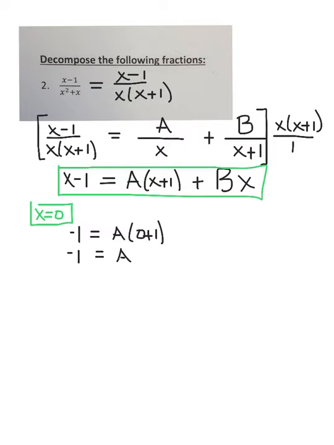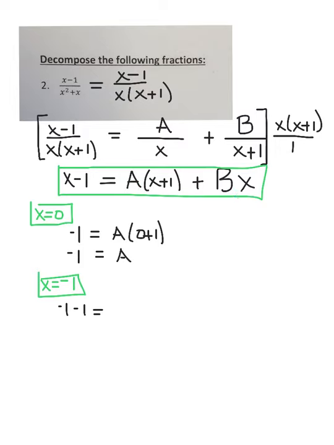Now let's go to the next value of x. I'm going to plug in x equals negative 1. Again, the reason why I'm choosing negative 1 here is because it makes this denominator equal to 0. If I plug in negative 1, and remember, I'm always plugging it into this equation, I'm going to get negative 1 minus 1 equals, now if I plug in a negative 1 here, this whole thing is going to be 0, so I'm not going to even write that down.